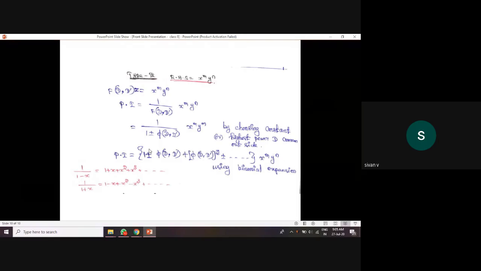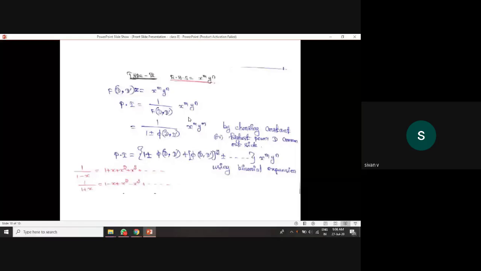I'll repeat: two ways, choosing the constant term outside or taking the higher power of D or D′ outside. You have to follow any one method. One more method also there: here, if m is greater than n, take the higher power of D outside, or if n is greater than m, take the higher power of D′ outside.